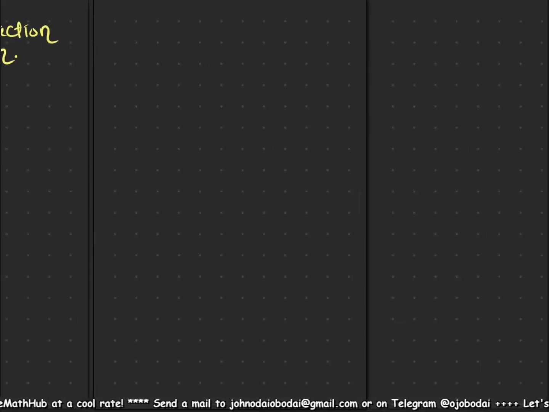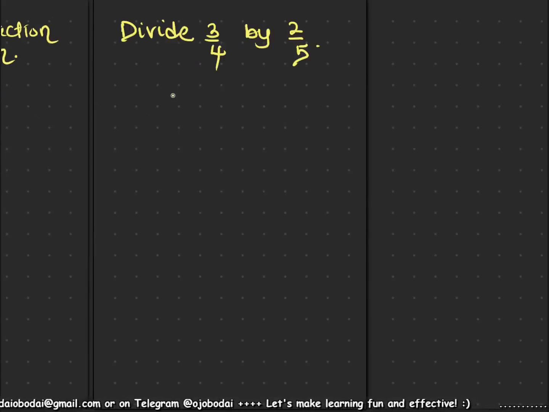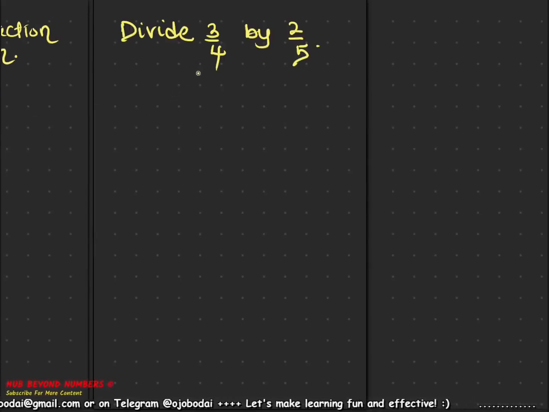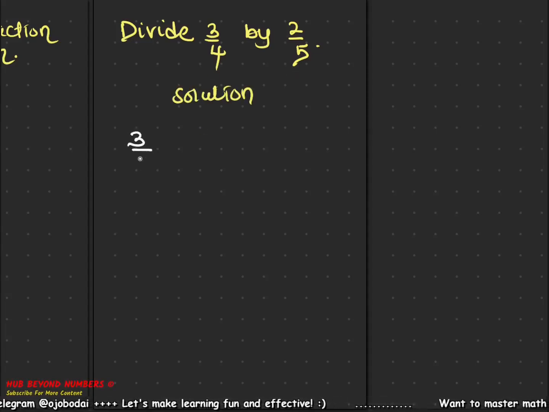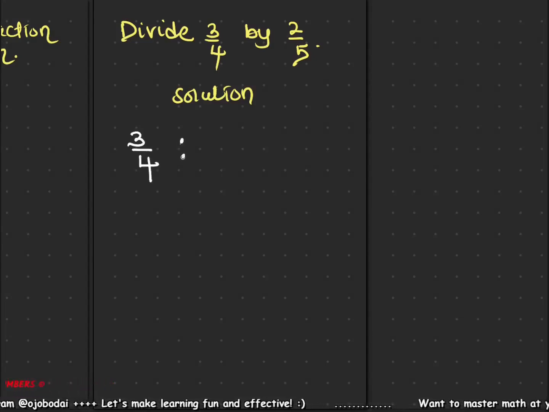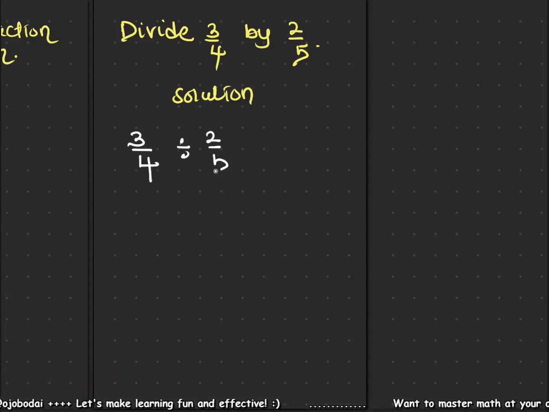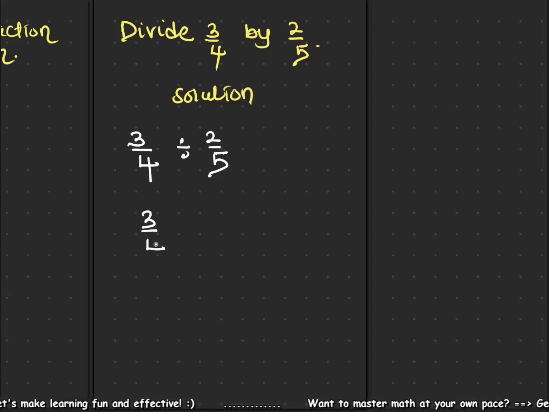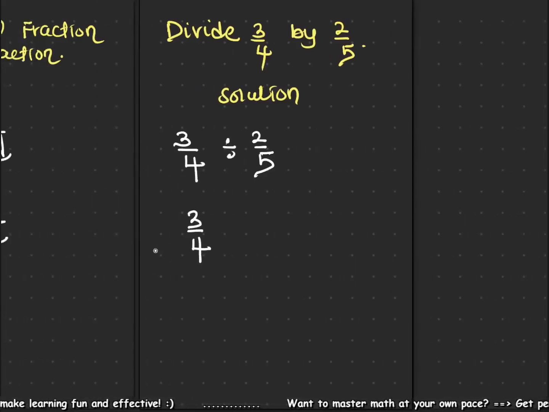Our first example says you have to divide 3 over 4 by 2 over 5. Let's look at our solution. So we have 3 over 4 divided by 2 over 5. To evaluate this, we write 3 over 4 just as it is. Then our division sign becomes multiplication.